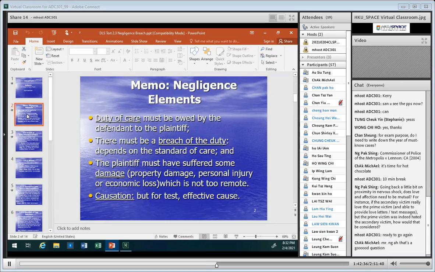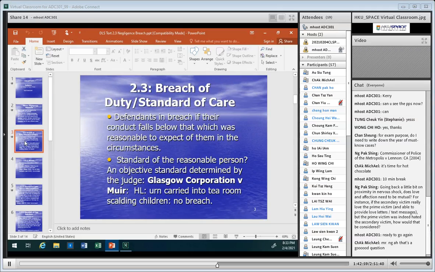So it's A, B, C, D. We're going to be focusing on the second bullet point now. How do you know whether there's breach of the duty of care? Well, that depends on what the standard of care is. So how does the court decide what the standard of care is? Good question. We'll be looking at some cases which illustrate how the court does that.